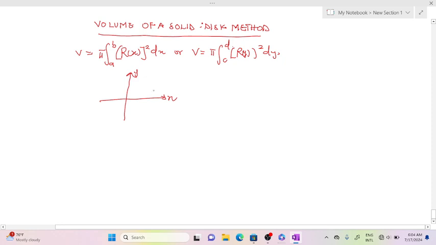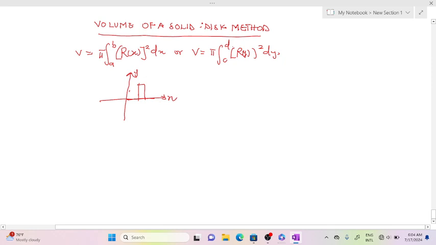When you are using the disk method, the only condition to note is that you should have a function which is in contact with an axis, be it the x-axis or the y-axis. That particular function can be revolved around that axis to create a volume.